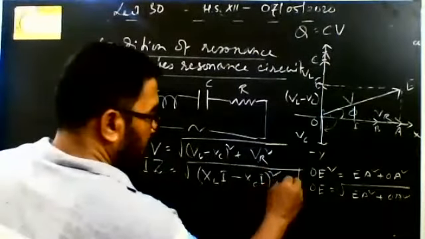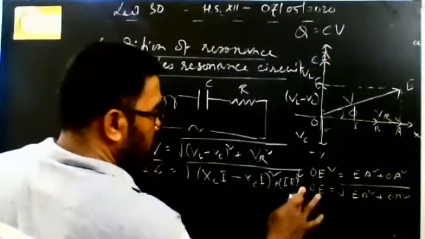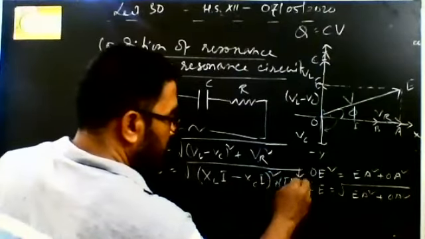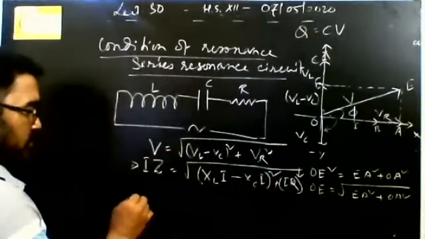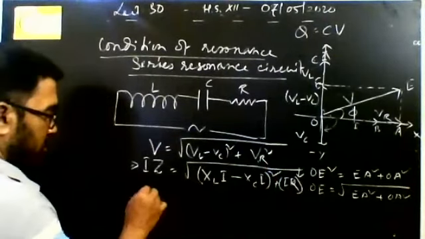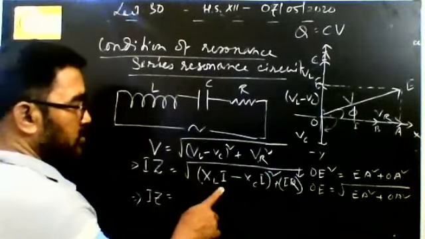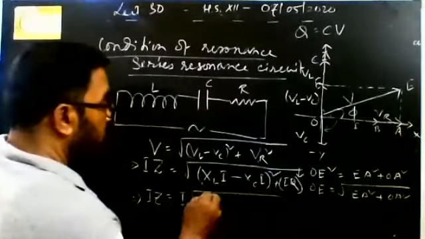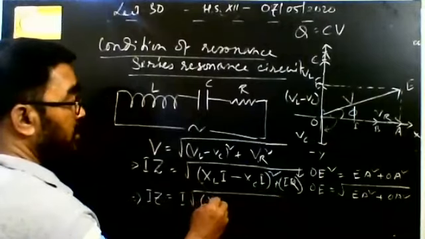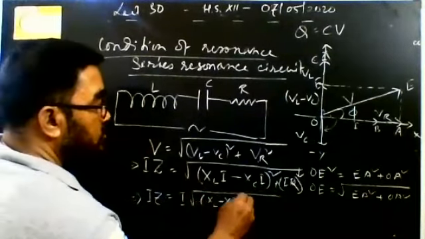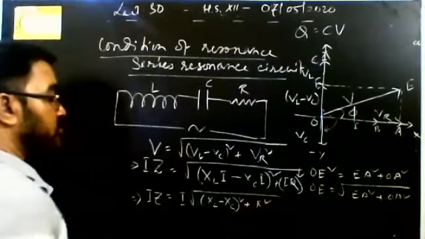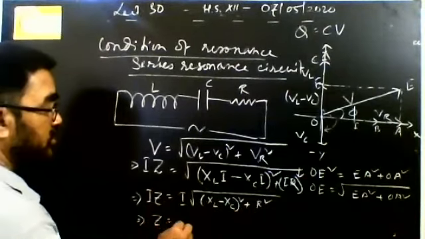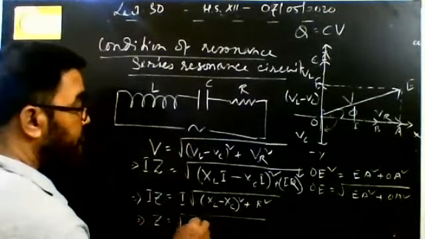So plus IR whole square, in place of VR I can write IR whole square. So I will be taken common. It will come out within the root over sign: XL minus XC whole square plus R square, right? So I will be cancelled. So Z is the net impedance.